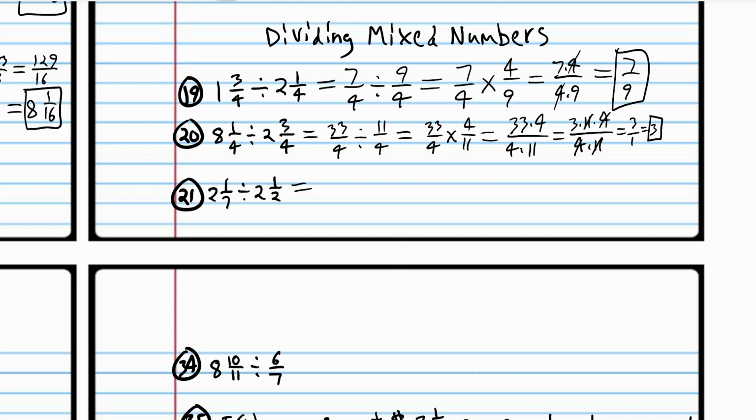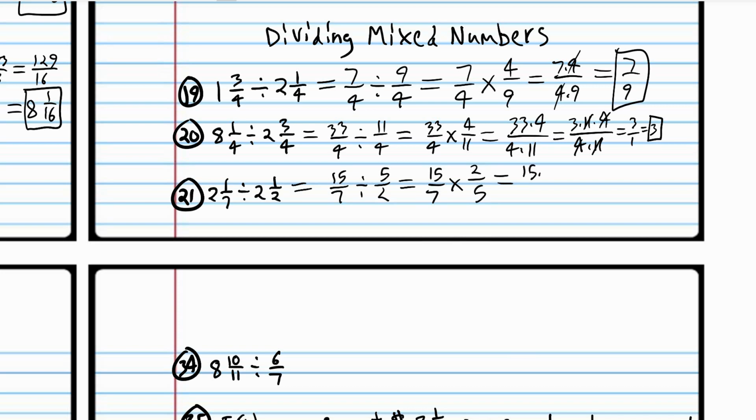All right, we're back. So 2 1/7 becomes 15/7. 2 1/2 becomes 5/2. Keep the dividend. Change division into multiplication. Flip the divisor.